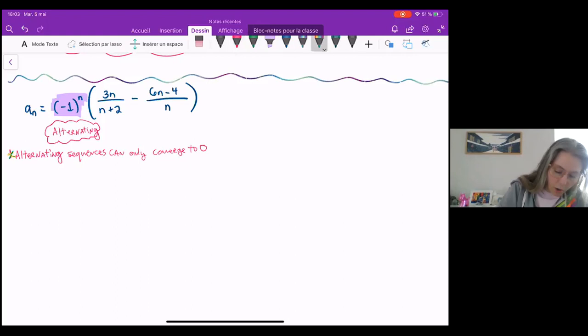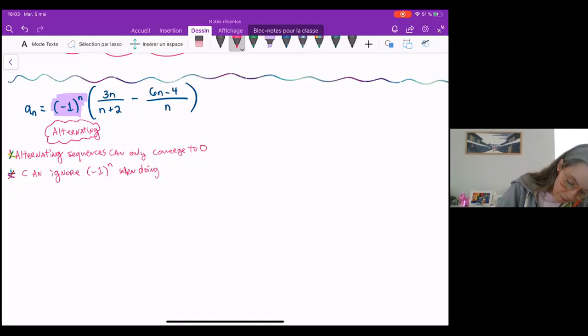The second thing we know is that if a series is alternating, we can ignore the alternating part when we're doing the limit. So I can ignore the -1 to the n to just see the value that I get. And after we have the limit, we'll just talk briefly about why we can ignore it.